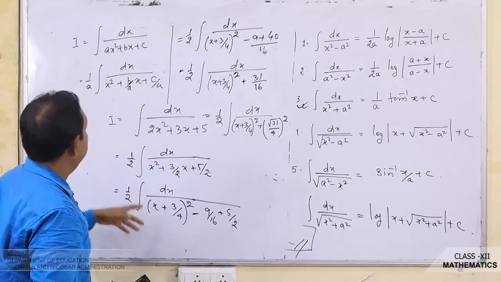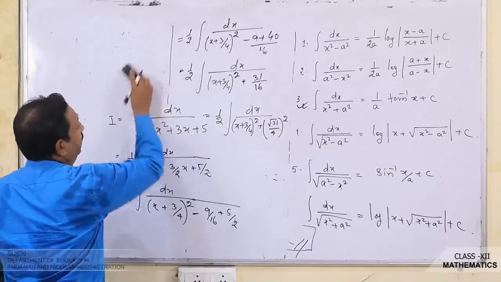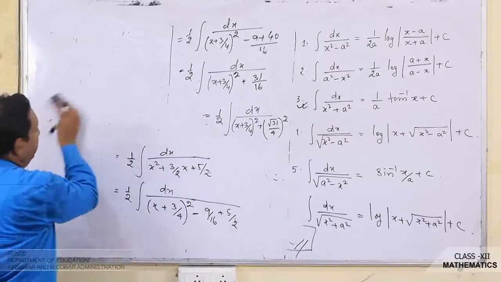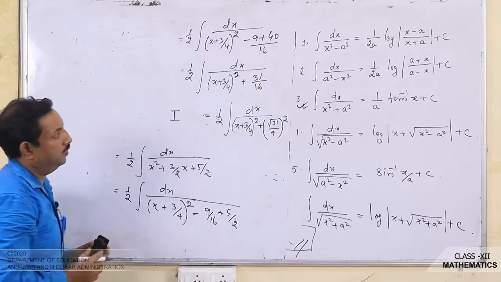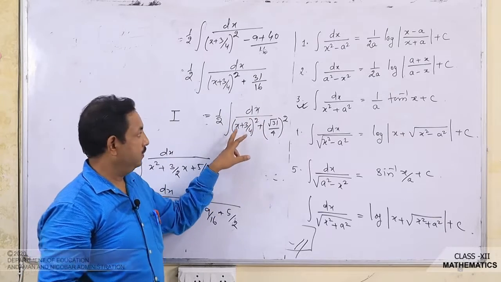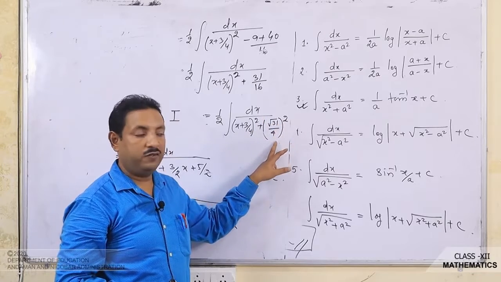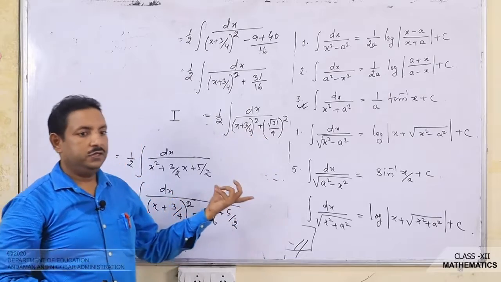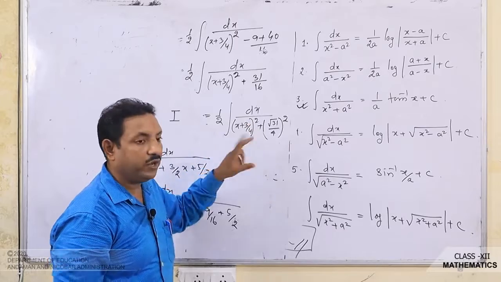Now, we have the integration I equal to, you can say your I is now in this form, 1 upon 2 integration of dx upon x plus 3 by 4 the whole square plus root 31 by 4 the whole square. Now, what to do here? Again we use the substitution method. We put this part x plus 3 by 4 as t.